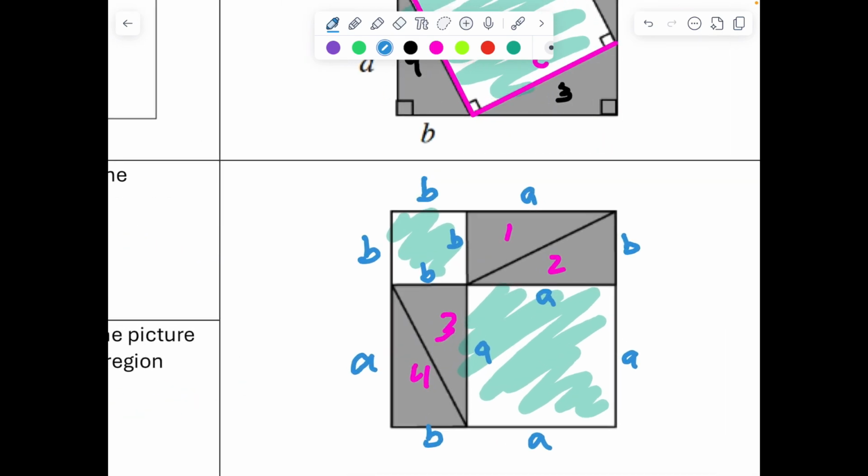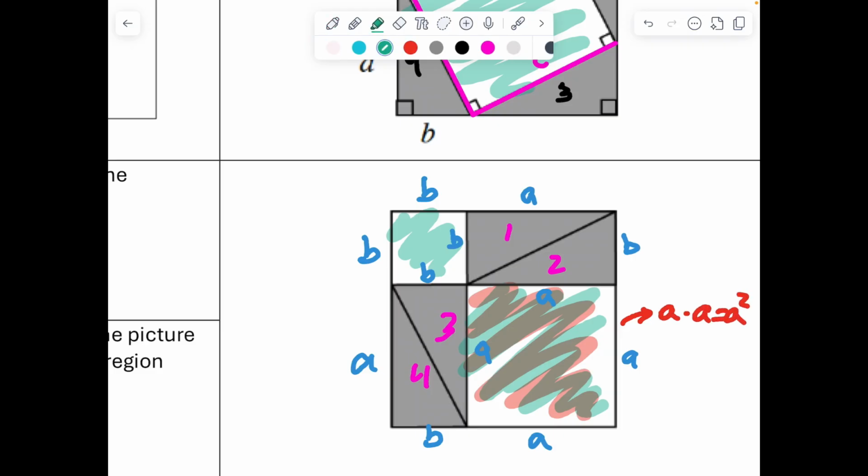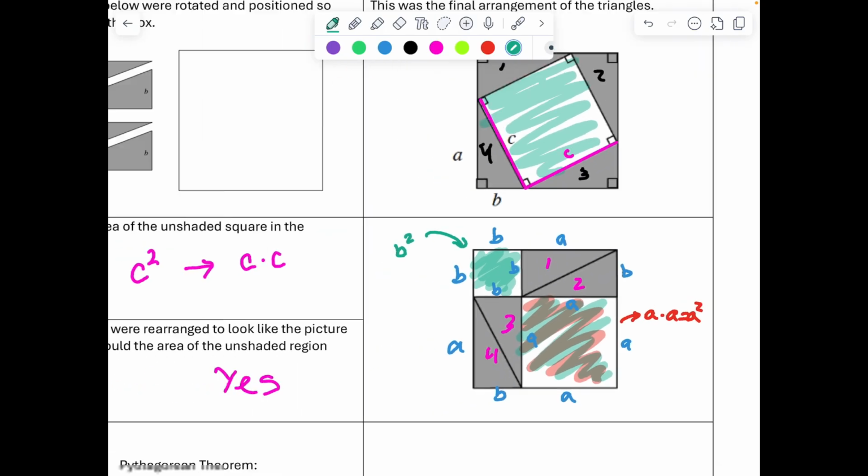This shaded region right here, let's say in the red, has an area of A squared, right? This is A times A, so that's A squared. And then this shaded region in the green over here is B times B, B squared, okay?